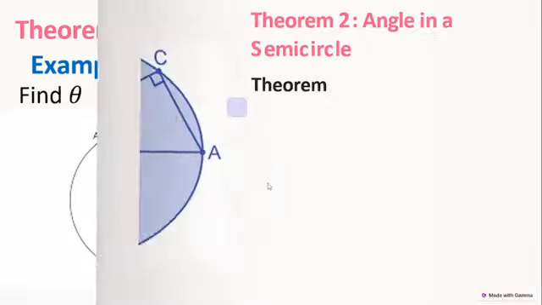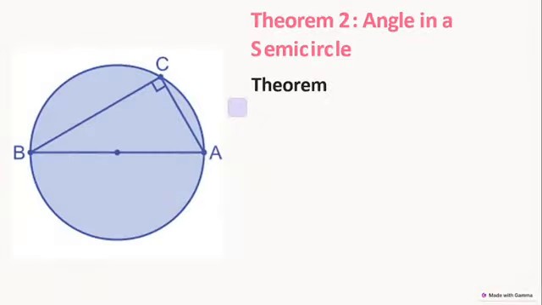So let us now move on and look at another property. This property is theorem 2, where we are saying angle in a semicircle. Remember what I said about the semicircle? If the diameter cuts the circle, it will form a semicircle like this. In this semicircle we can have chords, and right here we have 90 degrees.